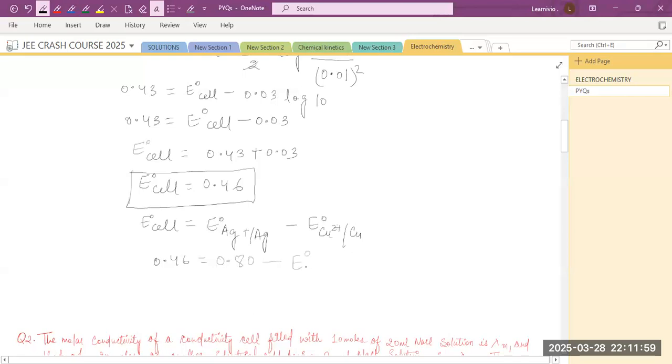We have to calculate the E naught of the copper ion. So the electrode potential of Cu2 plus will be 0.80 minus 0.46. You will get 0.34 volt, or you can write it as 34 into 10 to the power minus 2 volt.